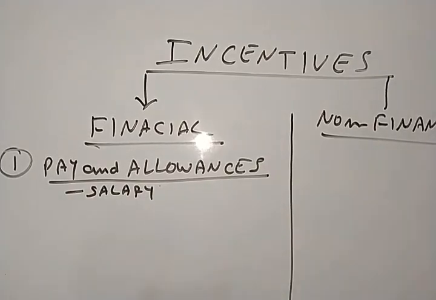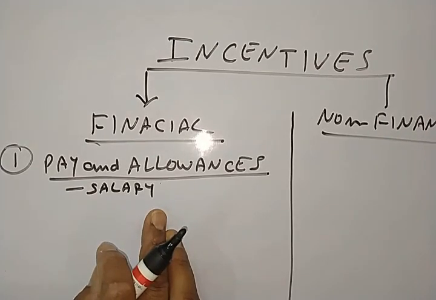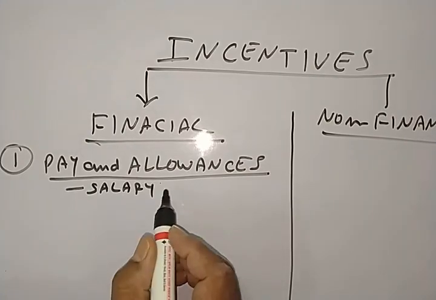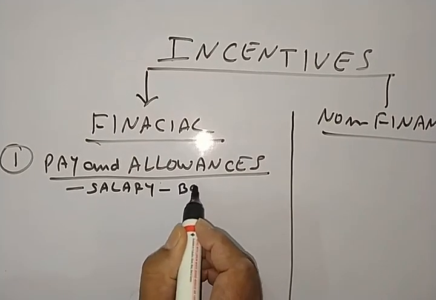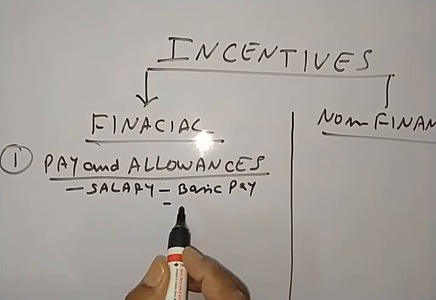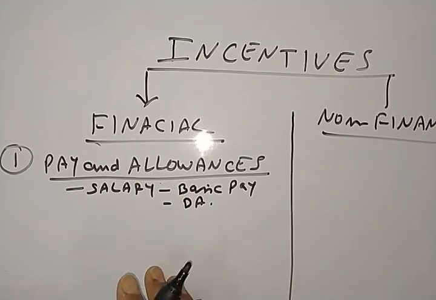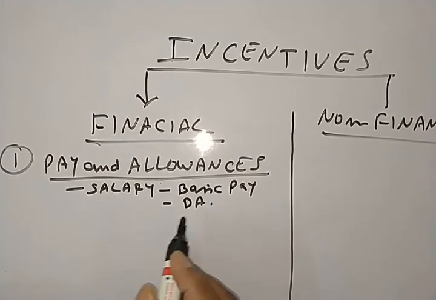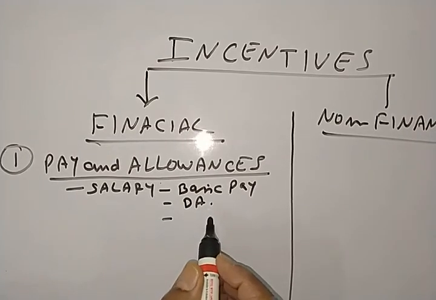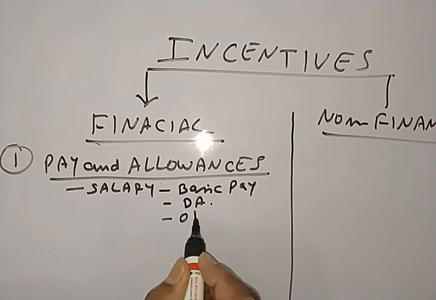Salary is the basic incentive for every employee to work efficiently for an organization. It includes basic pay, it includes DA. DA means dearness allowance, or in Hindi we say mehngai bhatta, and other allowances.